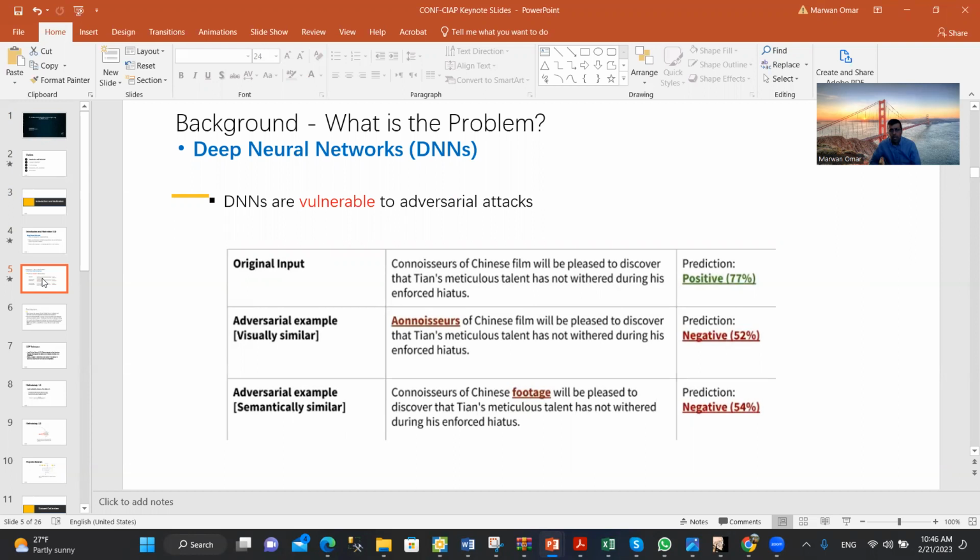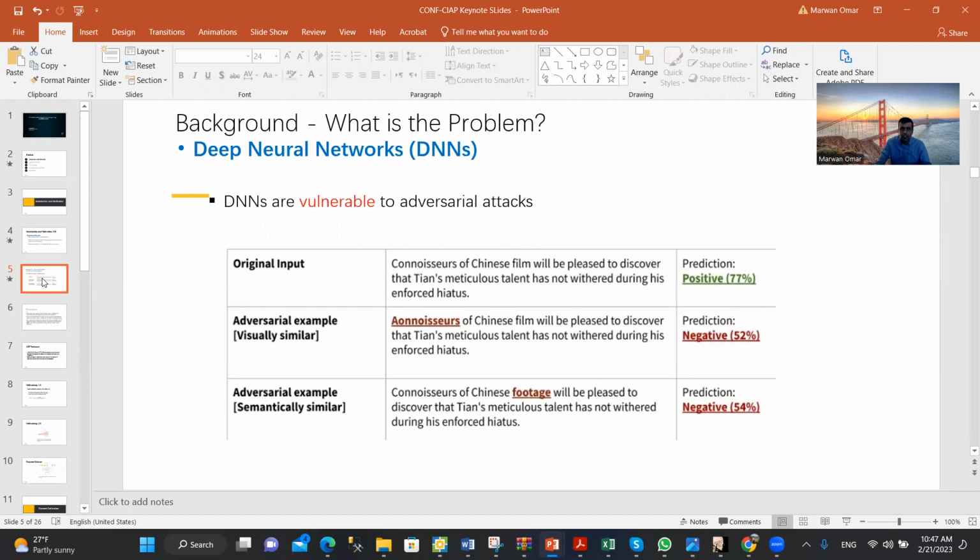However, by making some minor changes, if we just simply create an adversarial example by changing a couple of letters in this example, in this case, we will replace letter C with letter A. So it will be connoisseurs of Chinese film will be pleased to discover that Tian's meticulous talent has not withered during his enforced 80s.